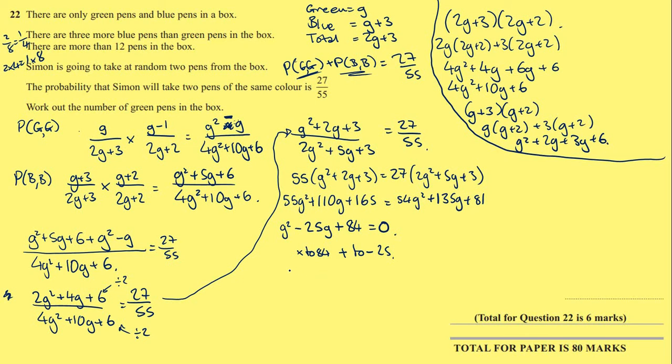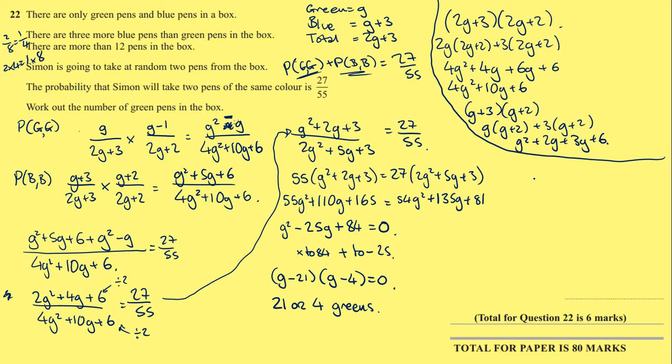So you're going to get (g minus 21)(g minus 4) equals 0. So there are either 21 greens or 4 greens. We don't know just yet.